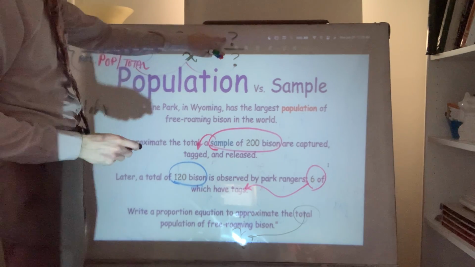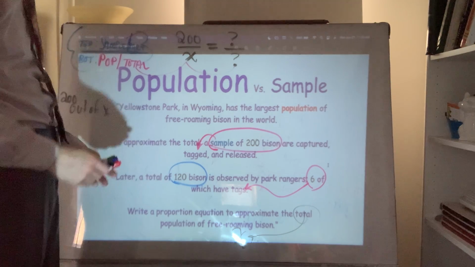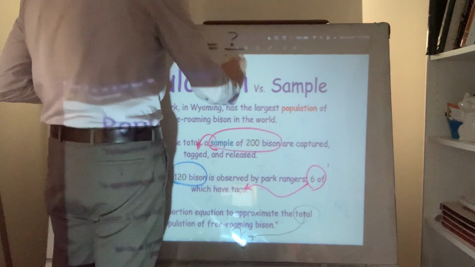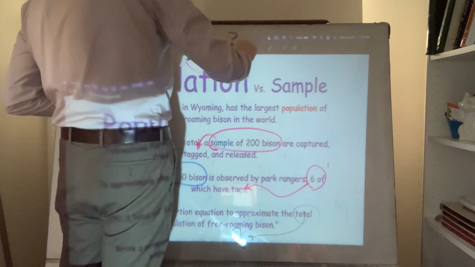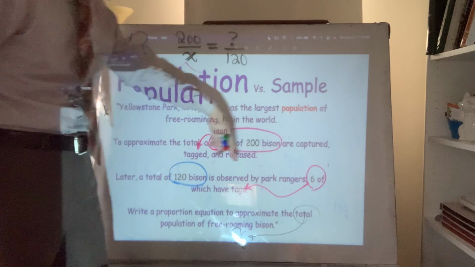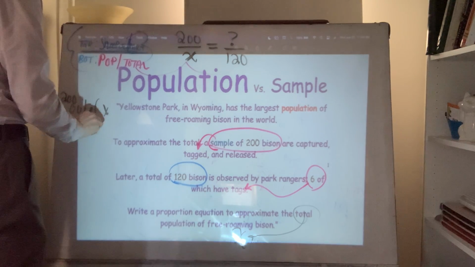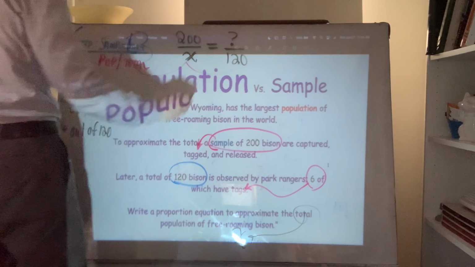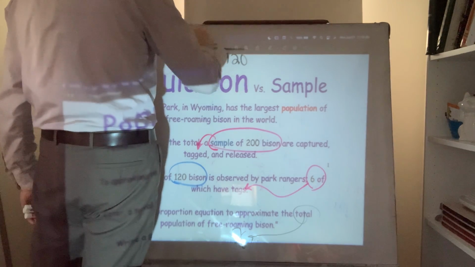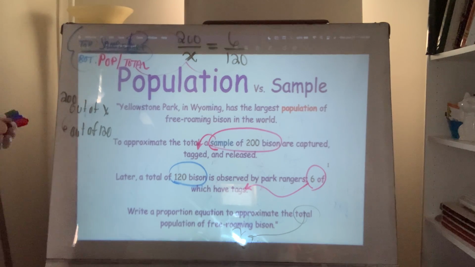In the second ratio, this is now the total, 120. And the number of that, 6 out of 120. The 6 would go up here, because again, that's part of the whole. And that is the proportion equation.